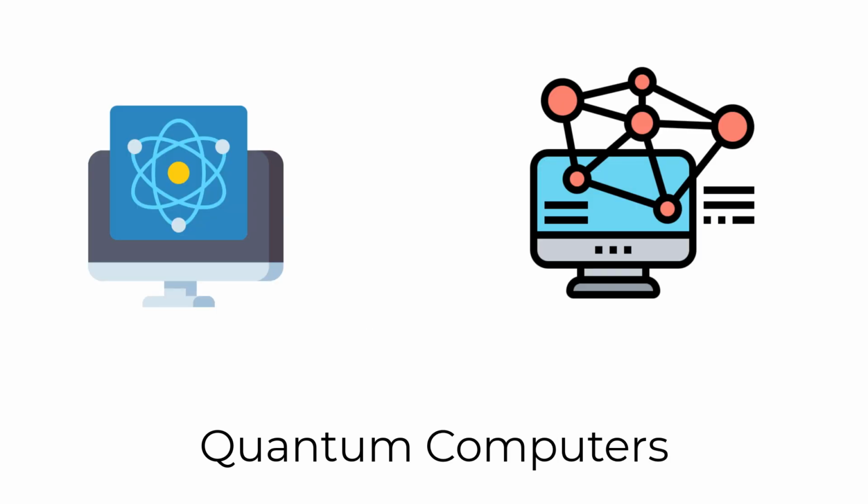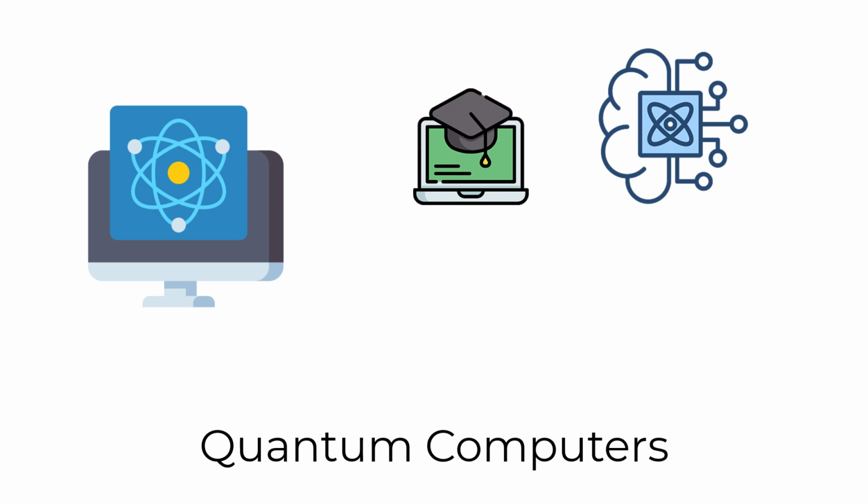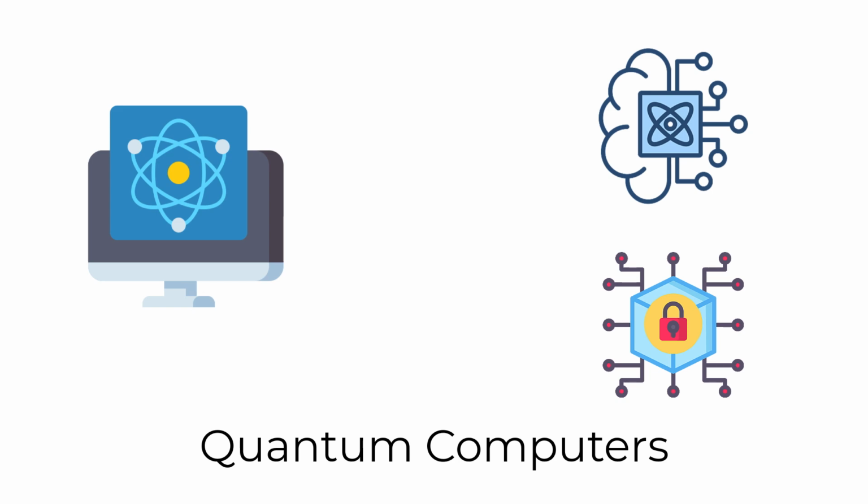Now let's try to understand the potential applications of quantum computers. They can be used in various fields, especially in artificial intelligence, since AI models need accelerated training. Quantum computing can be used to speed up training and improve performance.